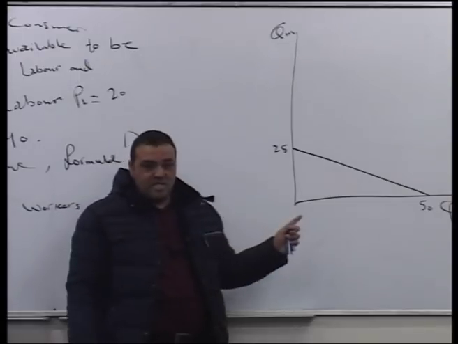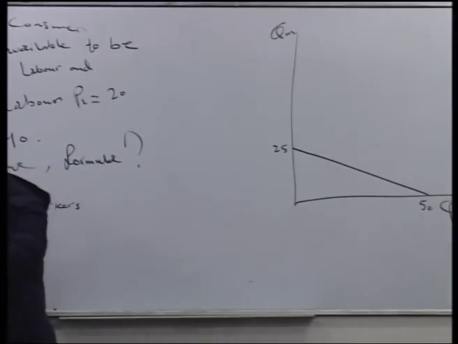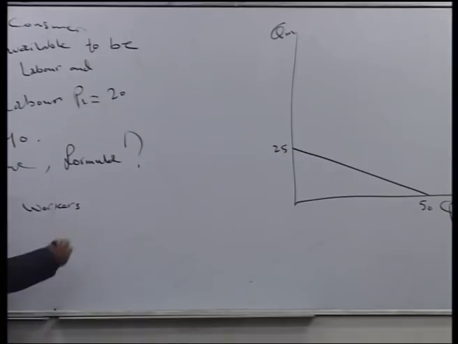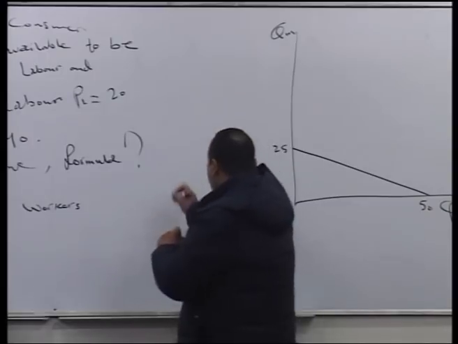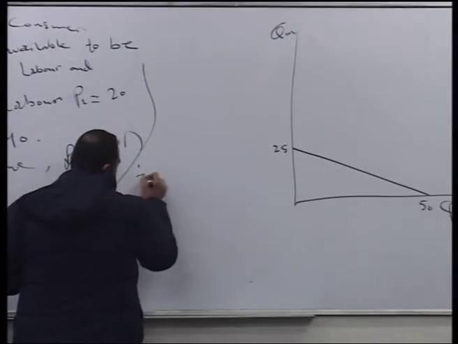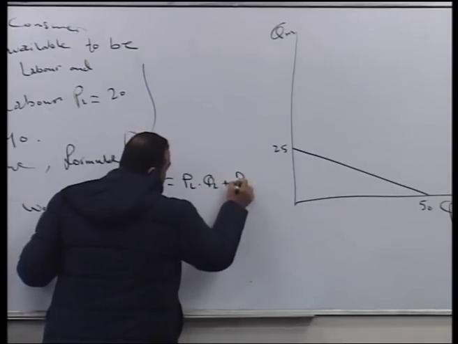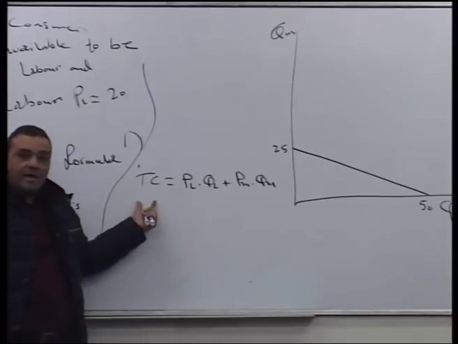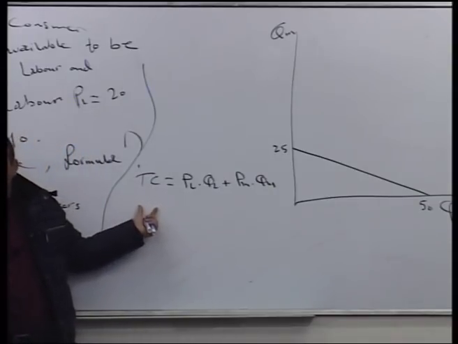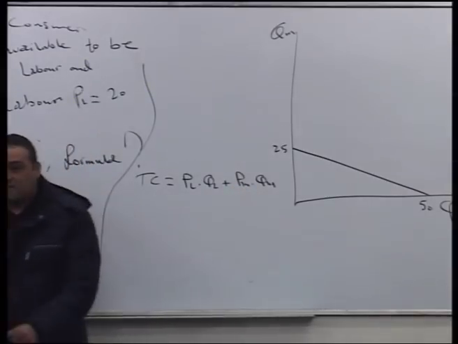To derive the ISO cost line formula, total cost equals price of L times QL plus price of M times QM, the same as income equals the price of X times QX plus price of Y times QY.